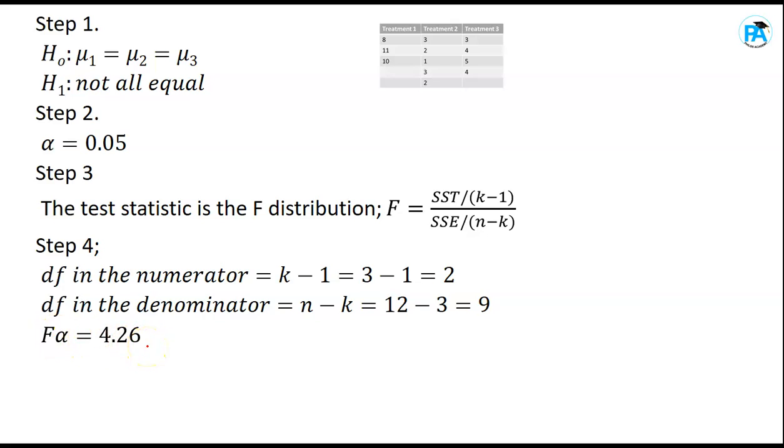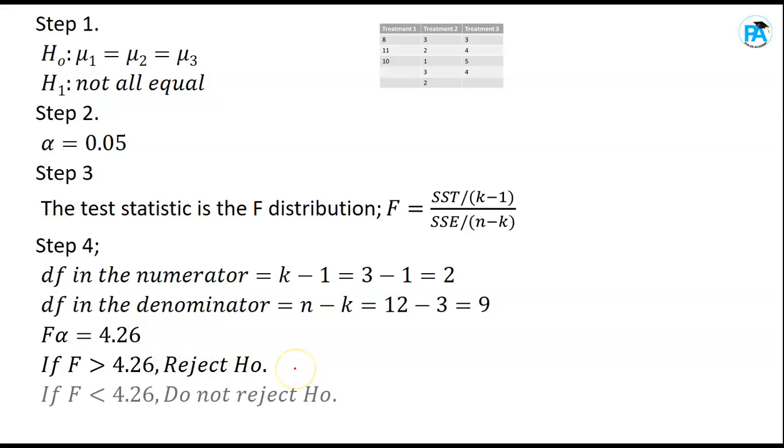So to state the decision rule, are you with me? Your decision rule will be that if F, this F stands for the F here, we call it computed F or calculated F, is greater than the critical value of F, which is 4.26, you should reject H0. But if it is less than that, you do not reject H0.